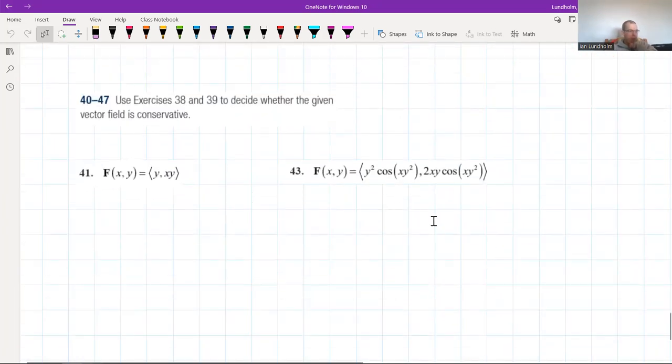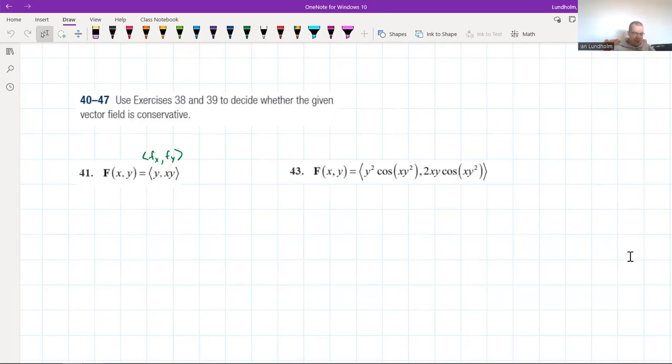Next part of what would be on the homework are these two problems. We're going to try to decide whether these vector fields are conservative. If these vector fields were conservative, we would have a vector with a partial derivative with respect to x and a partial derivative with respect to y.